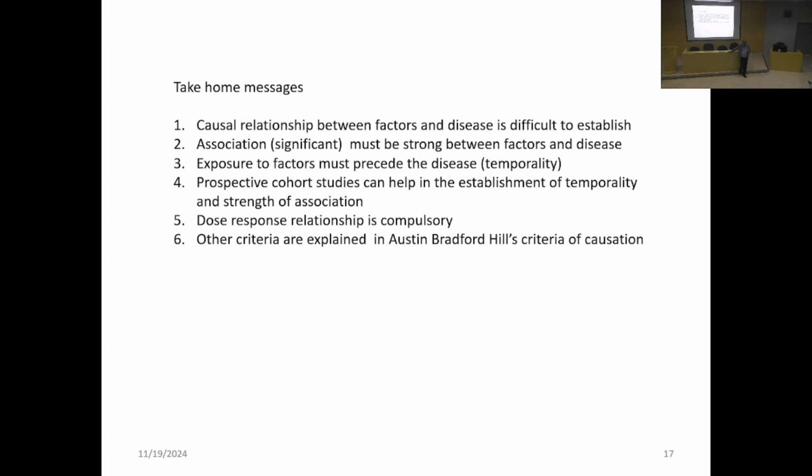Because association is one of the criteria of causation, and temporality. And these study designs gather these; we find them in study design. The association is in the cohort studies, the ratio of incidence to relative risk, and temporality is in cohort study also. Strength of the association can also be measured through case control studies.